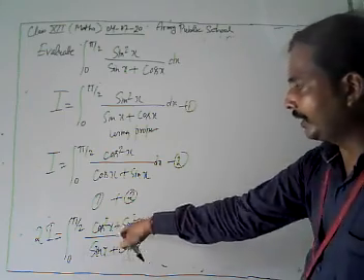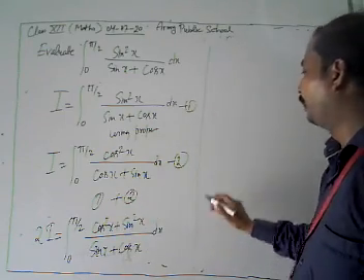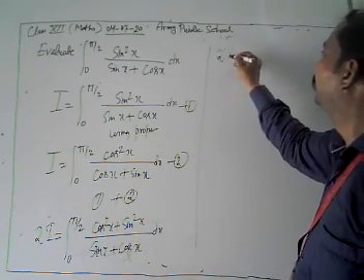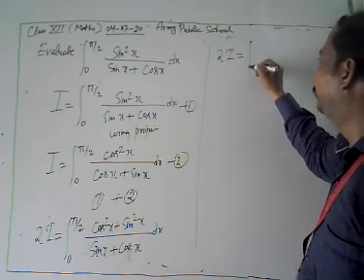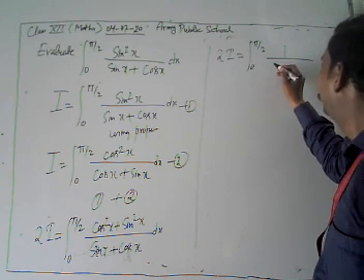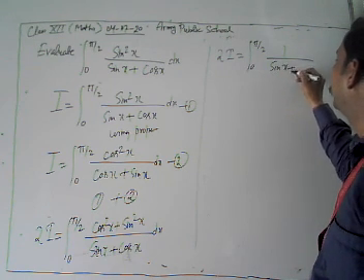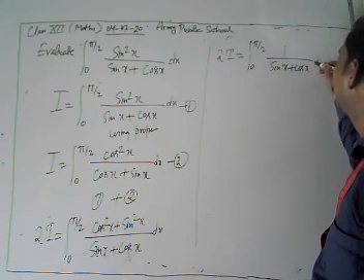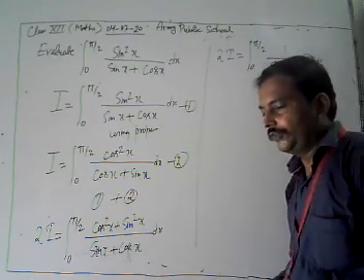Now it is by unity, it's 1 there. Then now 2I is equal to 0 to pi by 2 1 upon sin x plus cos x dx.